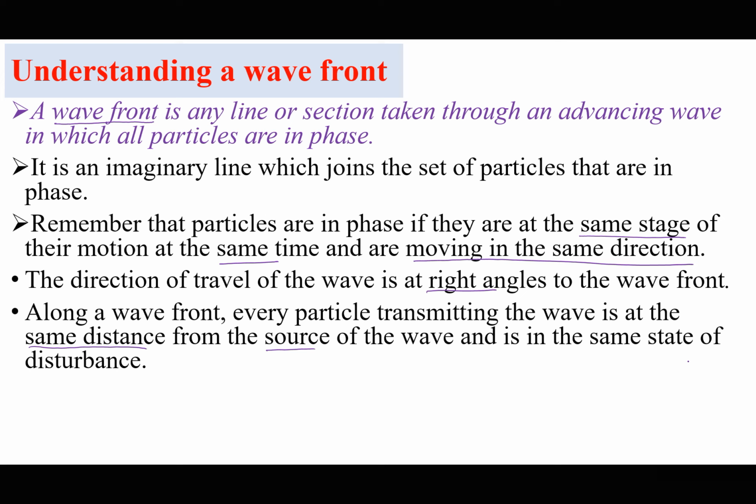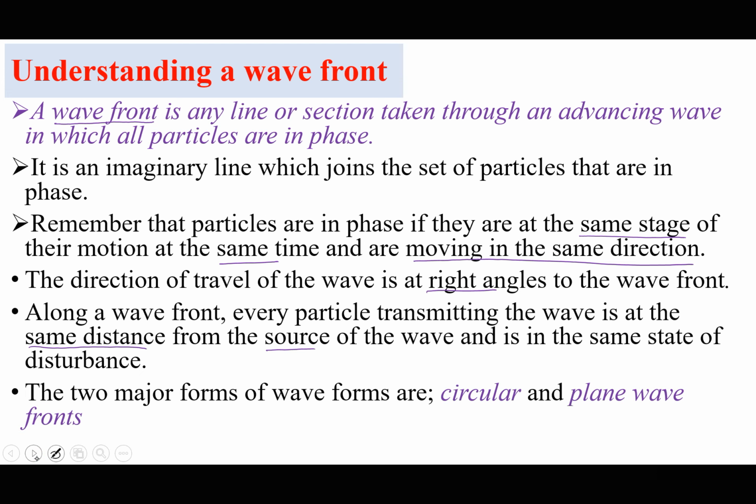That is on the same wavefront. There are going to be two categories or forms of wavefronts. We shall see what we call circular wavefronts in the form of a circle, and we shall also see plane wavefronts in the form of straight lines or just parallel planes.